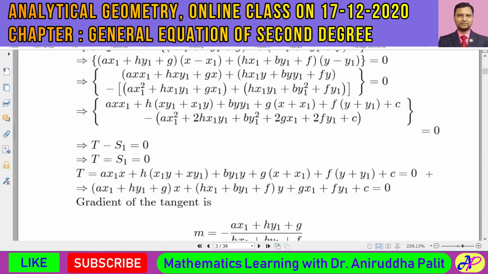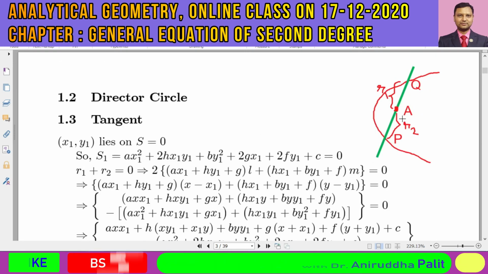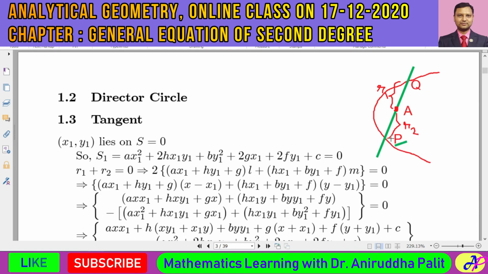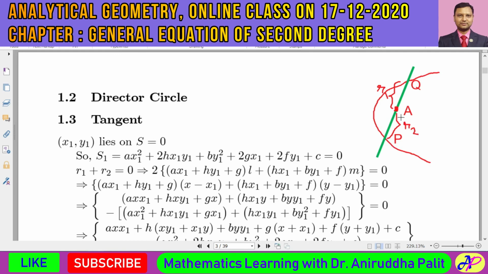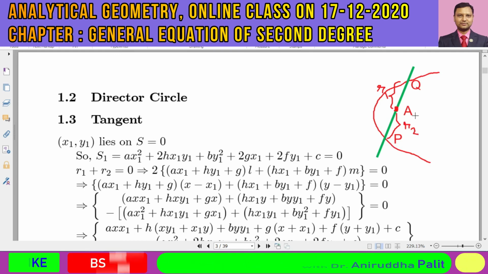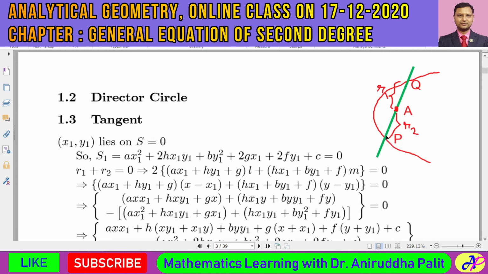Therefore capital A or capital P must satisfy the equation of this curve, because the point P lies on this curve. The coordinates of the point P or the point capital A are all the same, and must satisfy the equation of the curve.